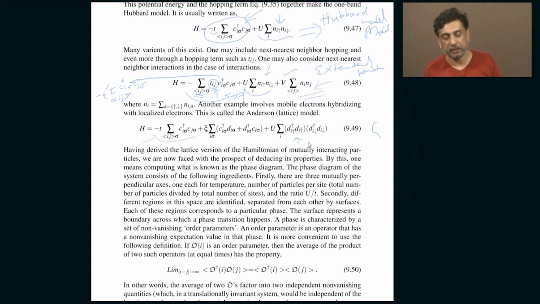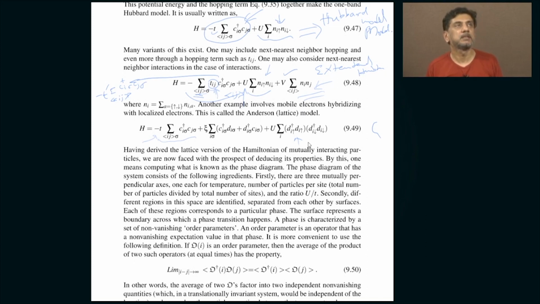You can think of it like that if you want, or you can think of it as some orbital which is somewhat localized. So basically the idea is that there is some localized orbital, and the itinerant electron can undergo something called hybridization.